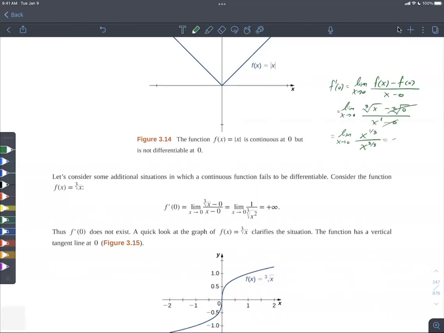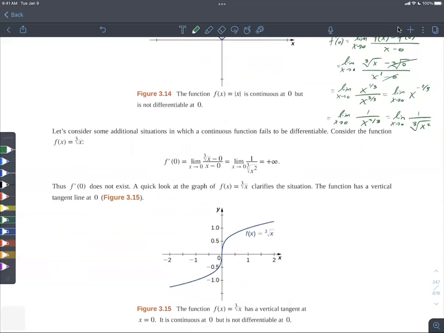And so using our rules of exponents, this is the limit as x approaches 0 of x to the negative 2/3, or as they've written it in the book, 1 over x to the 2/3, or finally the limit as x approaches 0 of 1 over the cube root of x squared. Now the limit as x approaches 0 is going to be positive infinity.